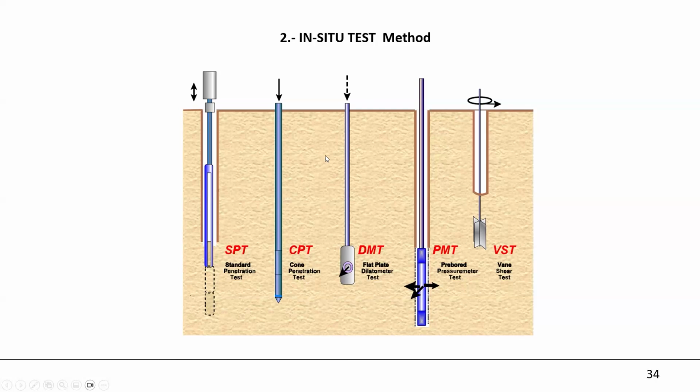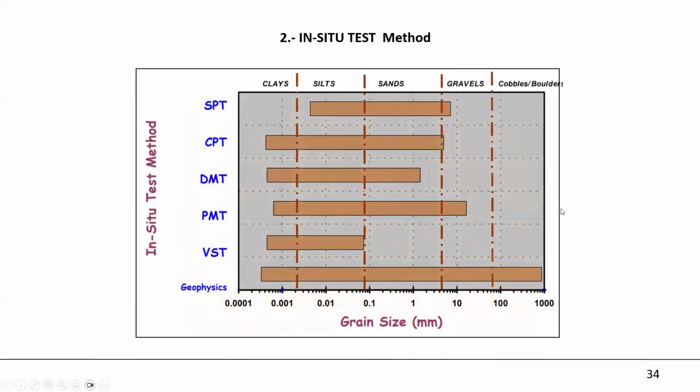It's only a review, very short. What kinds of tests are there? We have SPT, very popular. CPT, increasing in popularity. DMT, PMT, and BST, okay? And obviously they have limitations. It's not possible to use everything everywhere, and that depends on the ground size and other things about the soil.